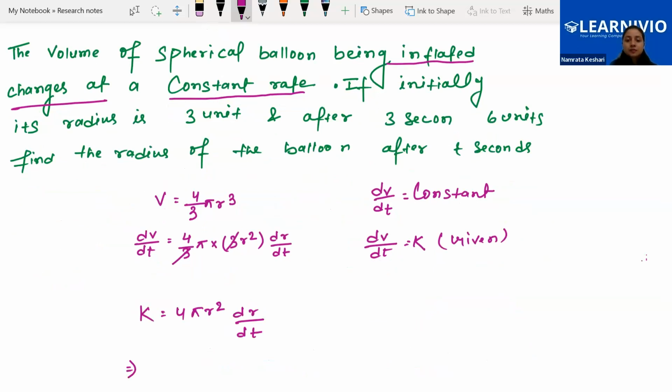So we integrate both sides. This dt we will shift to the other side, yes or no? Yes, ma'am. K dt is equal to 4 pi r square dr. Let's integrate both sides. What are we going to have?